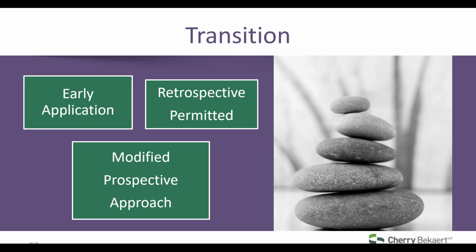But I would caution you on that, because Topic 606 has certain requirements, and under ASU 2018-08, if you want to go back and change things, let's say you're presenting comparative financials, you can if you want to, but that is not required. What is required by the standard is what they call a modified perspective approach, which means that if you have contracts or contributions that are completed, you don't go back and change anything.